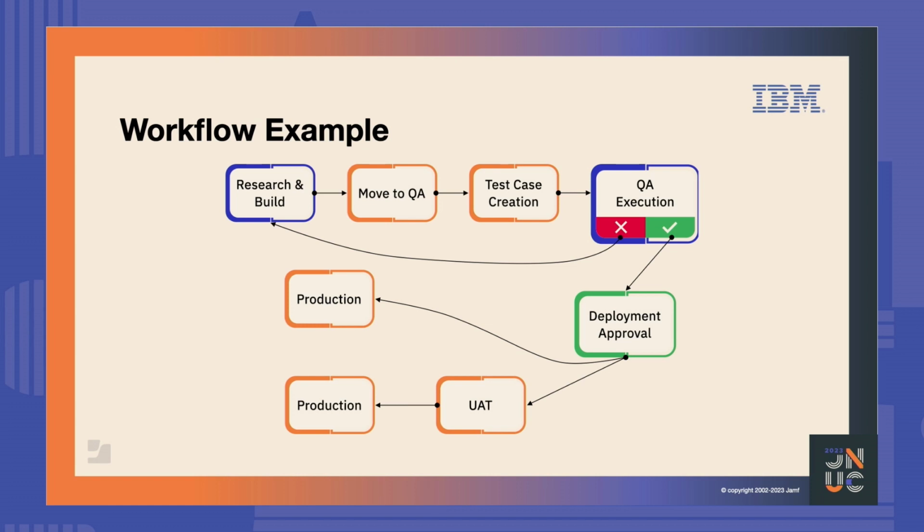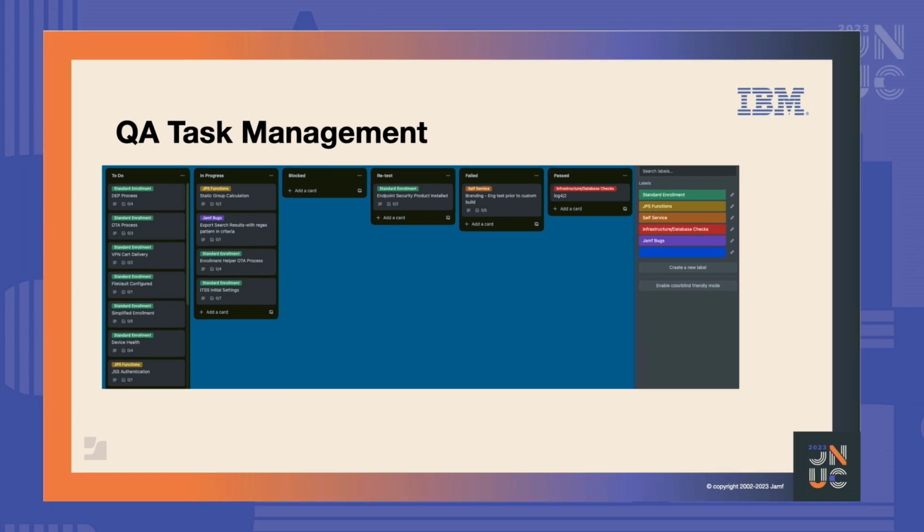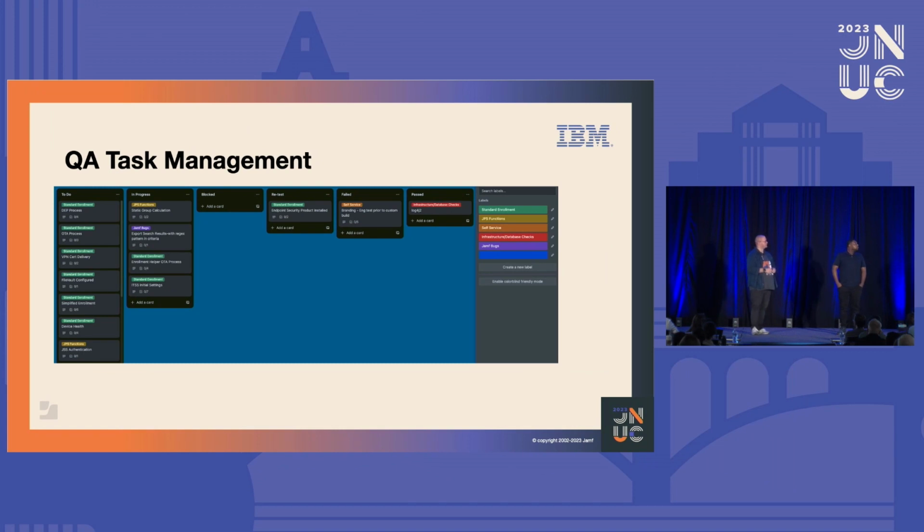Additional example, as you may see on the picture, is organization of the work in the QA team. For example, you may see here that we are using a simple tool, which was Trello back in the day.